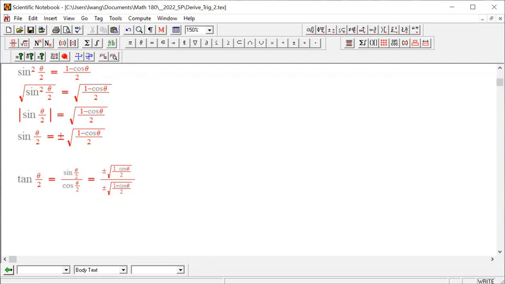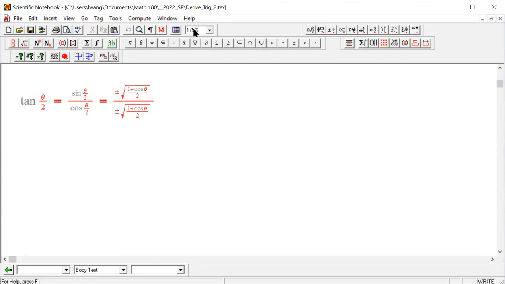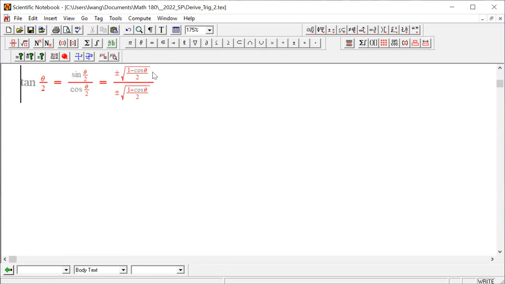Now, question. Can we cross out the plus minus so we get a plus? Can we do that? The answer is no. Because this is plus minus and this is plus minus, there are actually 4 cases. What are these 4 cases?